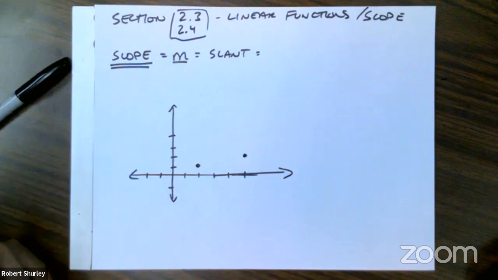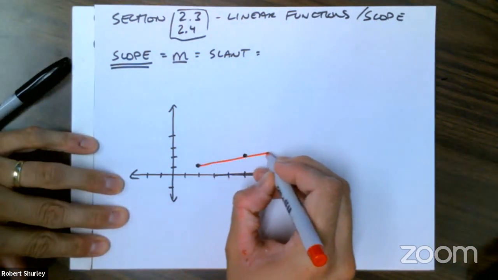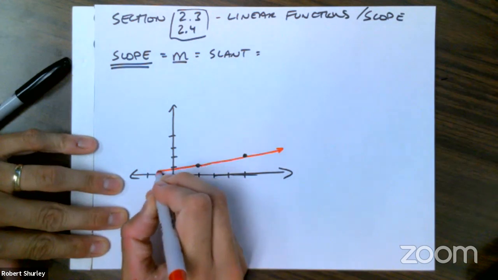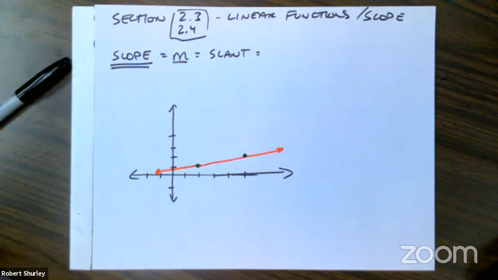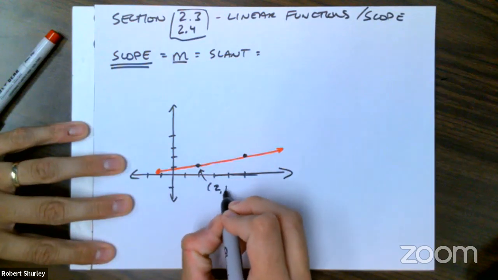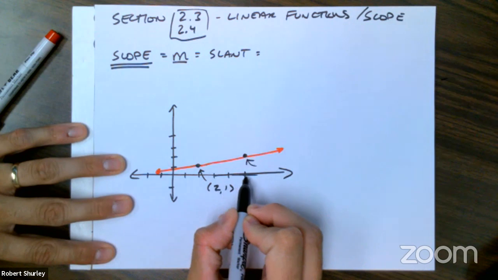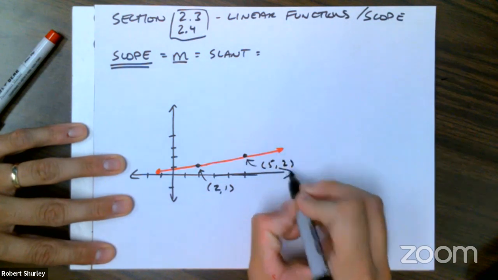And we're going to use red. So the first coordinate is (2, 1), and that second coordinate is (5, 2).